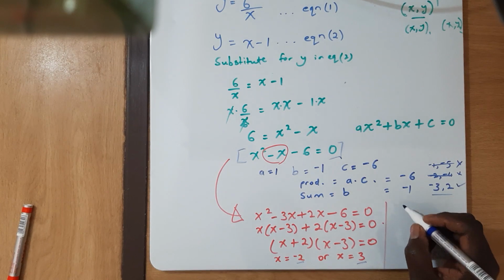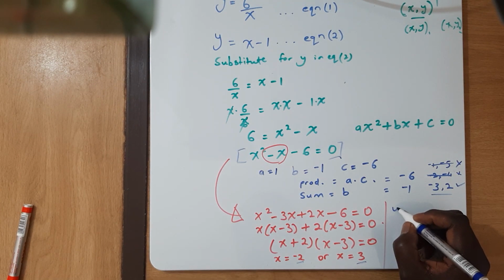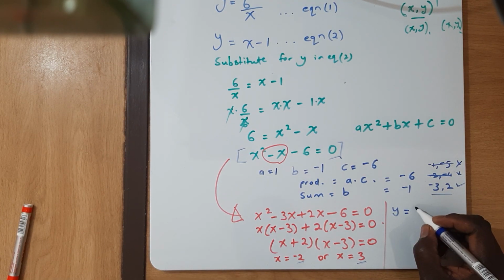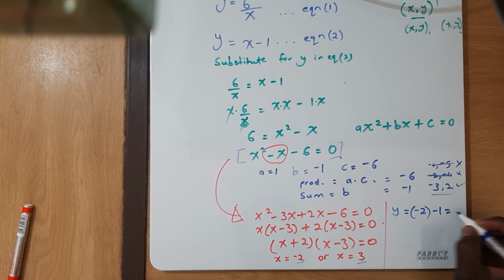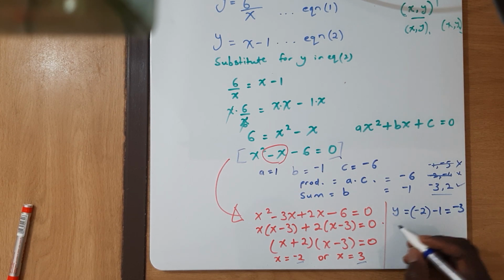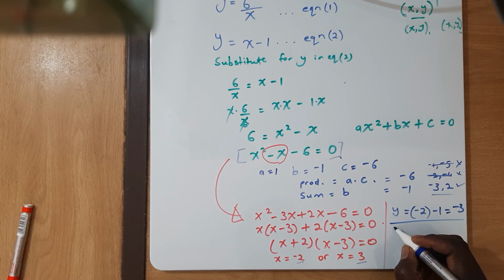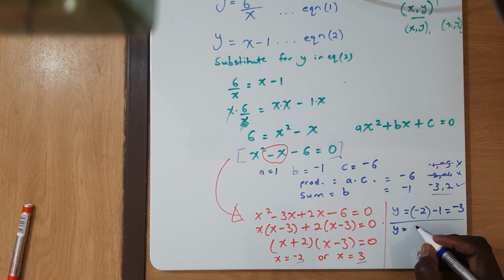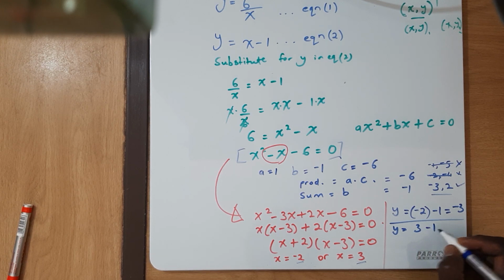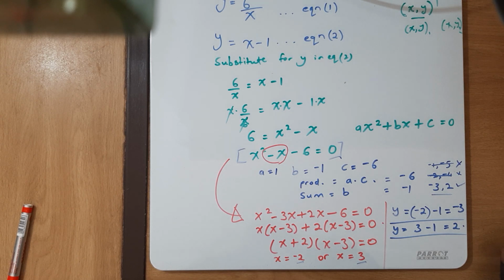So our value for y is, where there is x, we put our value of -2, minus 1, giving us -3. And for the second value of y, we substitute with 3. We get y is 3 minus 1, giving us 2. So those are our two values of y.